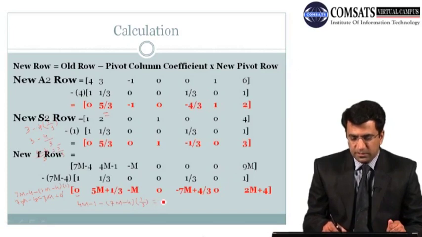This will become 4m minus 1 minus 7m. If we open this bracket and multiply by 1 by 3 as well, it will become minus 7m by 3. Minus minus will become positive, so it will become plus 4 by 3.